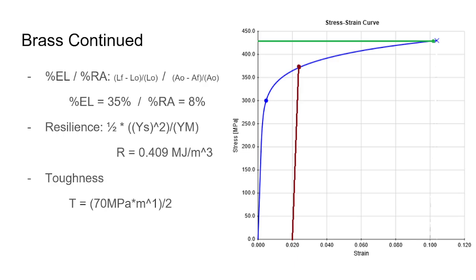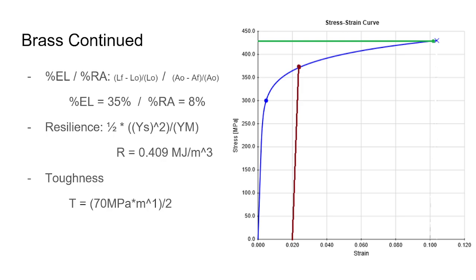And then I was able to get the percent elongation and percent reduction of area by using the equations the length final minus the length initial divided by the length initial, which gave me the percent elongation, and the area initial minus the area final divided by the area initial, which gave me the reduction of area.